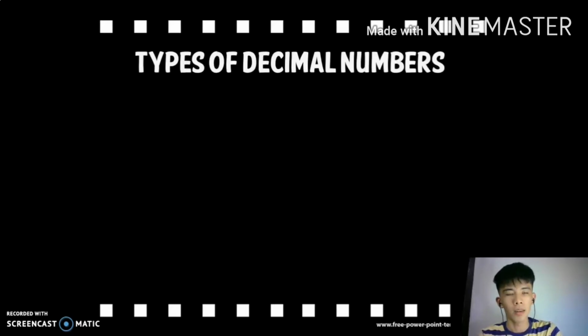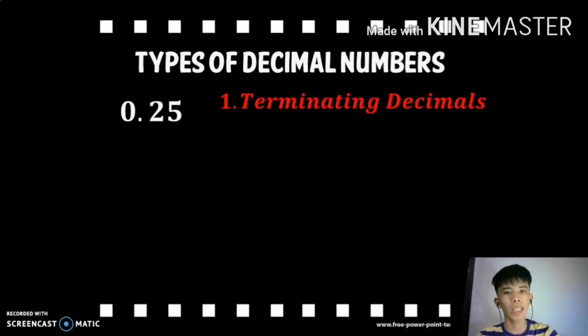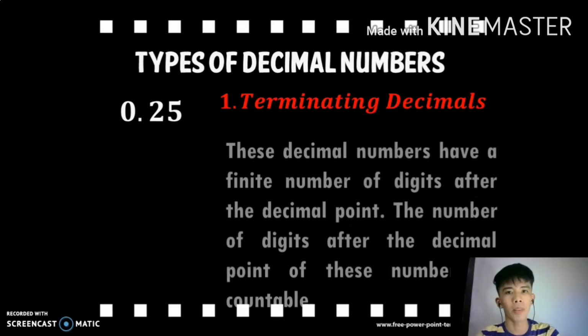Next. Okay, before we proceed with converting decimals into fractions, let's first find out the types of decimal numbers so we won't get confused later. First, for example, 0.25. Exact, right? Nothing follows. That's what you call a terminating decimal, or in Tagalog, natatapos or tumitigil.